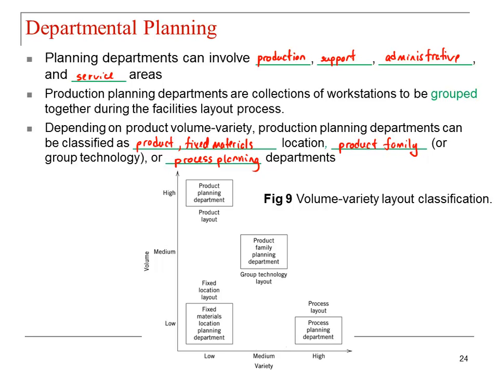And if it is medium, then this is what we call the fourth one. We're going to have a product family planning department with a group technology layout. And we're going to discuss each one of them in detail now. But that's just to give you an idea how you can classify your product and what type of layout you're going to have based on your product.